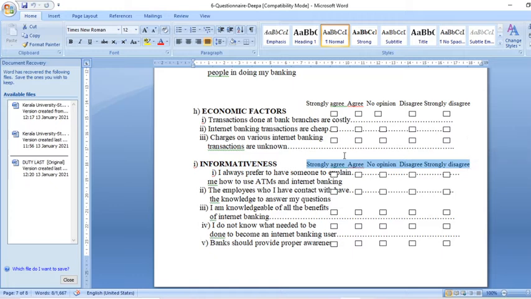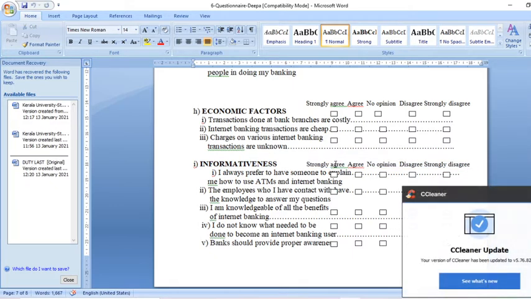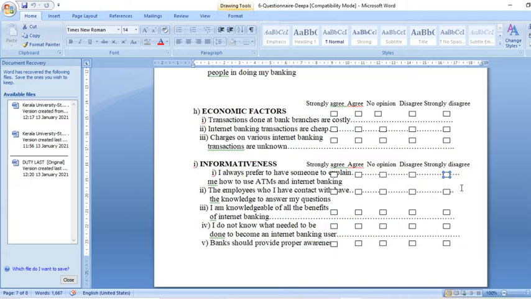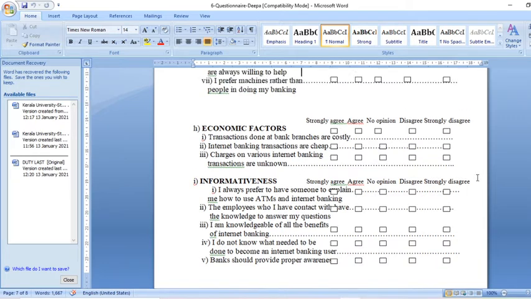We can order according to the degree of agreement. So this can be represented as 5, this as 4, 3, 2, then 1. That number itself shows some degree of agreement.